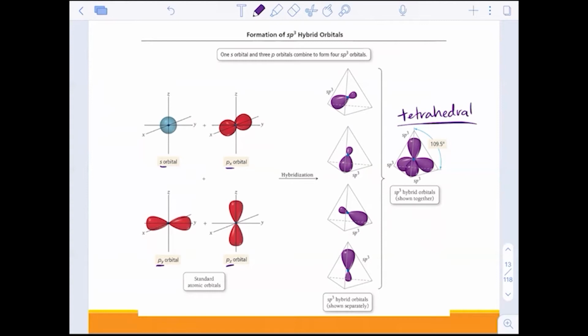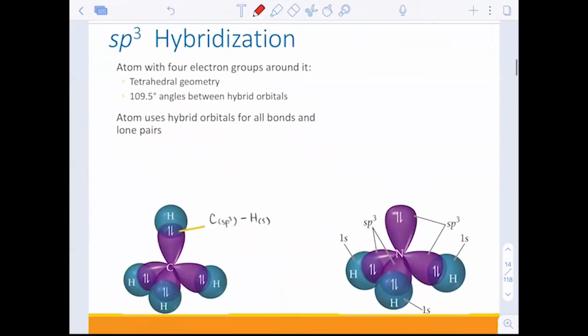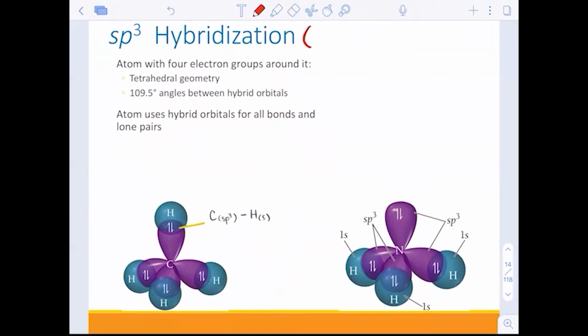Only way to understand how the tetrahedral is formed is through hybridization. We have to have equal energy orbitals in order to understand that. And so hybridization is our theory that predicts what we observe. So for the sp3 hybridization, it is literally going to be tied to the 4 electron group of VSEPR theory. Whenever you have 4 electron groups, you're going to see that tetrahedral geometry.